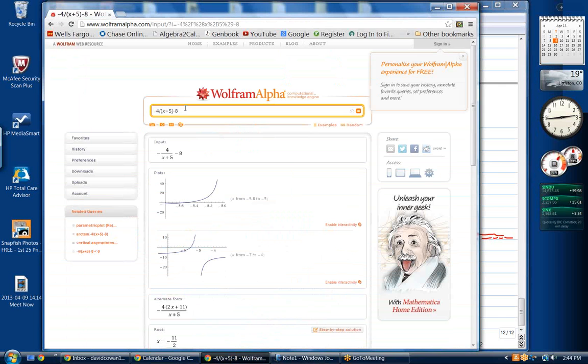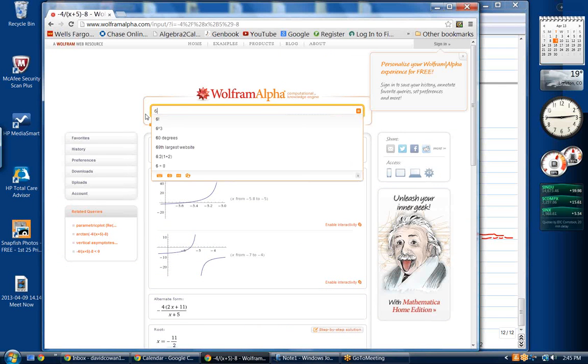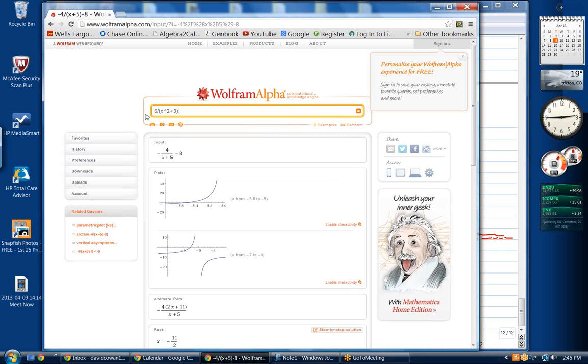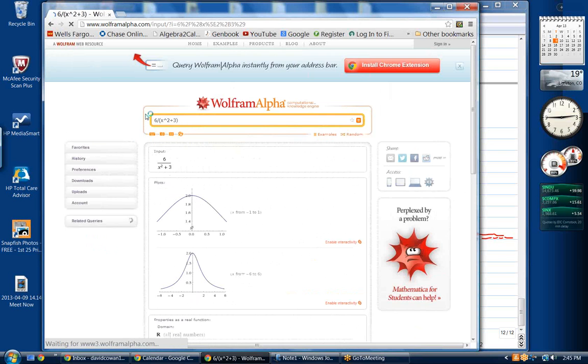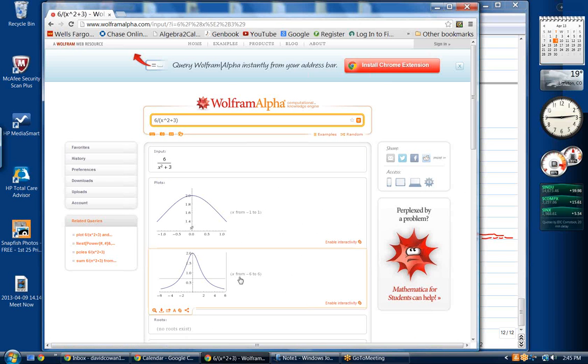Let's just double check. 6 divided by x squared plus 3. Notice they give you two different scales when they graph it.